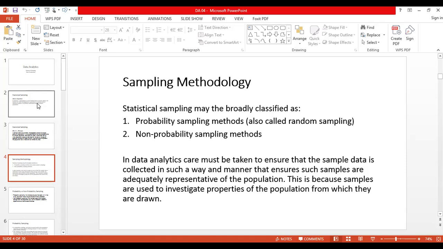This is because samples are used to investigate properties of the population from which the sample is drawn. Every sample is drawn from some population.